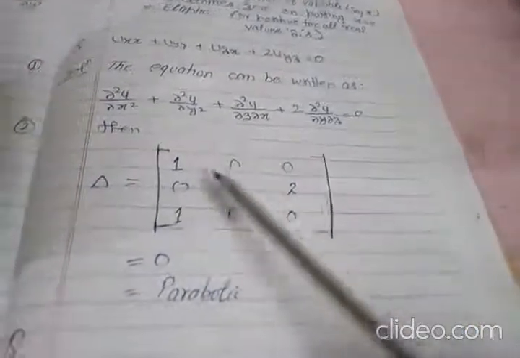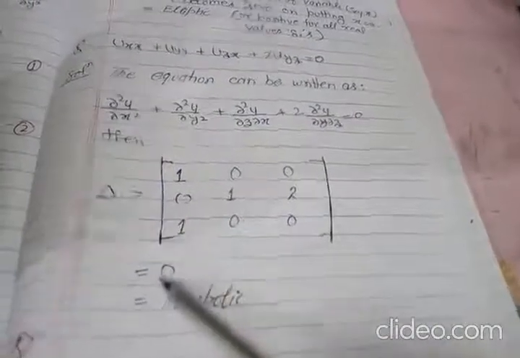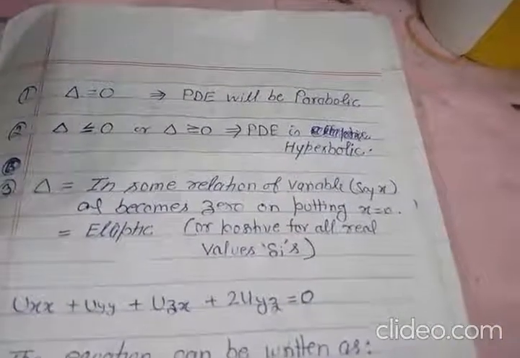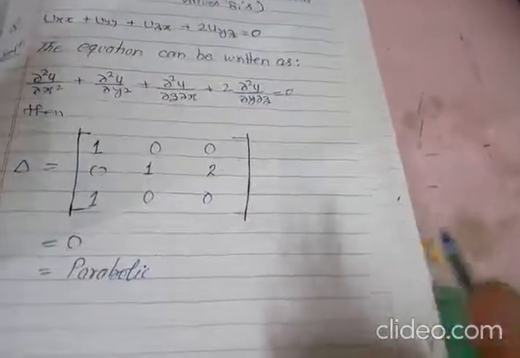Now on solving this, we will get 0. If delta is equal to 0, then from case 1, the partial differential equation will be parabolic in nature.